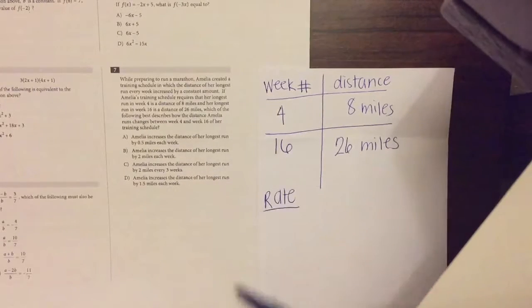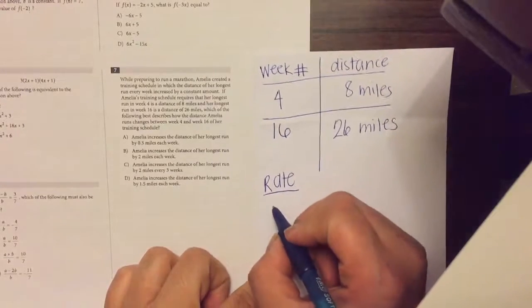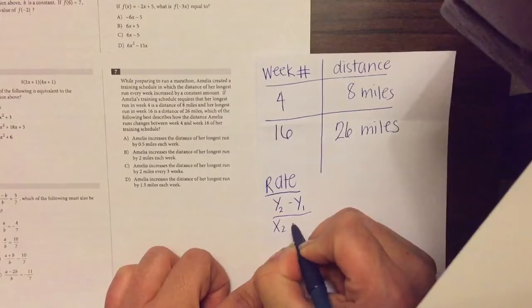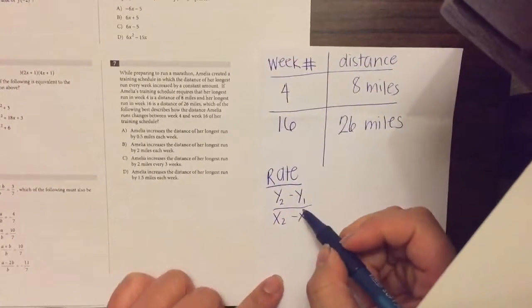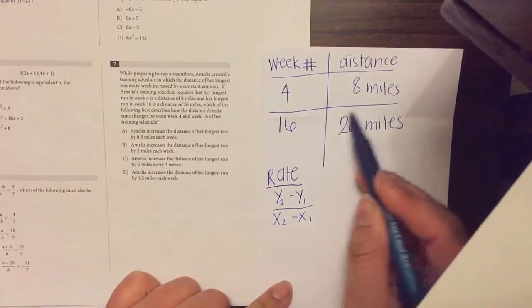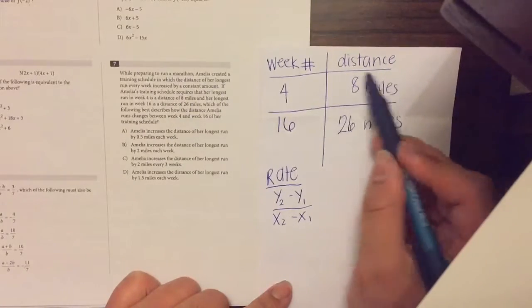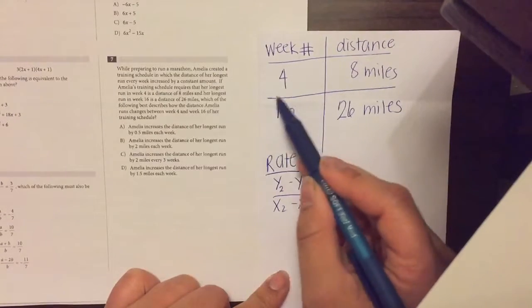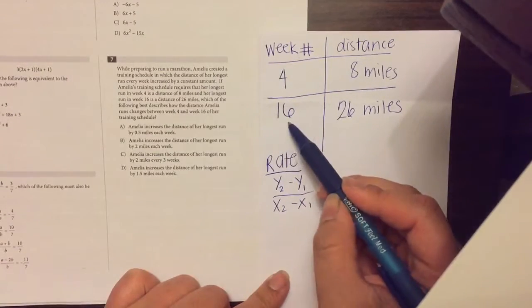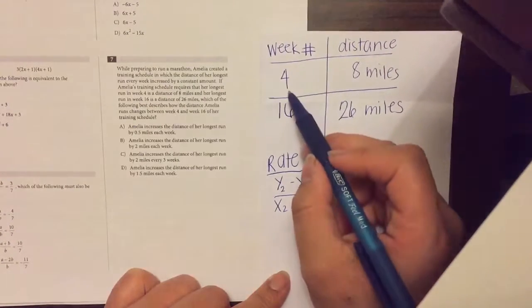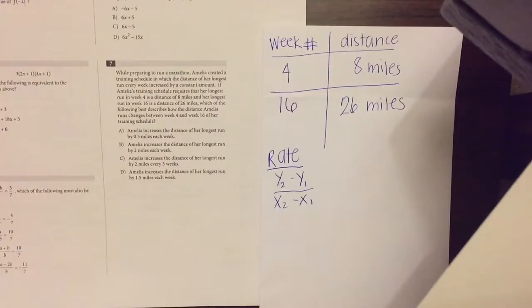But because we're not given the equations here, we could come up with an equation, or we could just use a formula that you might remember from Algebra 1, y2 minus y1 divided by x2 minus x1, where y2 would be the later dependent value, and y1 would be the earlier dependent value, divided by x2, the later independent value related to the y value here, minus x1, the earlier independent value.